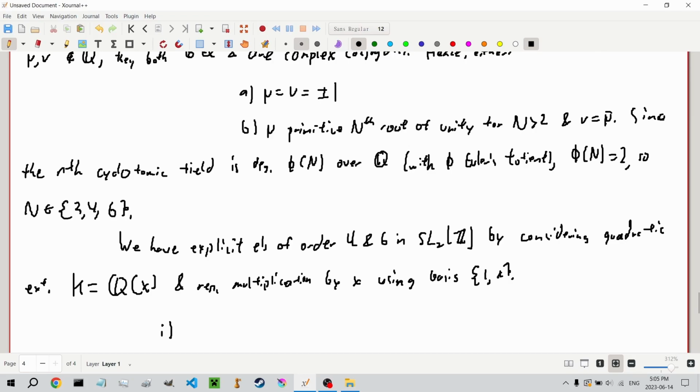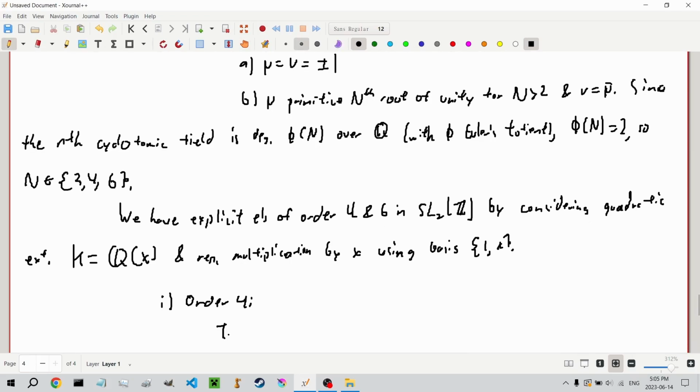So, for an element of order 4, take X to be a primitive fourth root of unity.